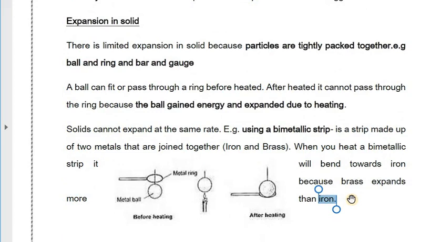You know the concept: initially in a ball and ring apparatus, you have a ball that can pass through a ring, and then that ball is heated and it expands, and then does it still pass through the ring or does it fail to pass through the ring? You then deduce from its ability or failure to get through the ring whether the ball expanded or contracted, right?